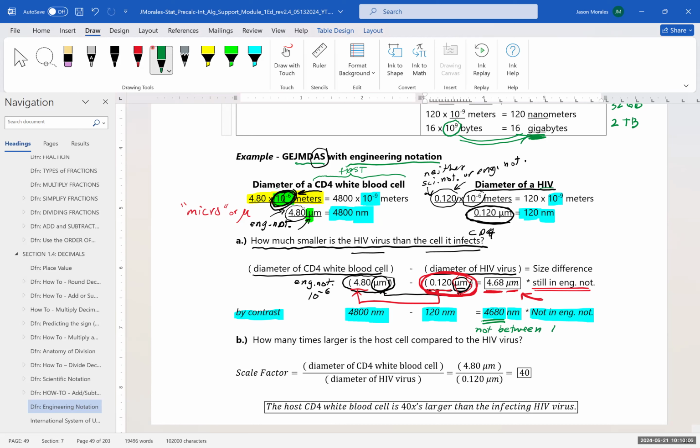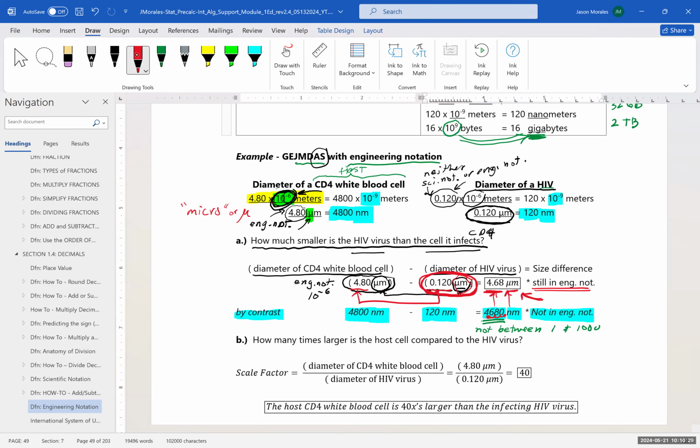So right away, this answer is not in engineering notation because this value is not between 1 and 1,000. We can make it a value between 1 and 1,000 by moving the decimal point 3 spots and changing it from nano to micro. And now we have that answer.